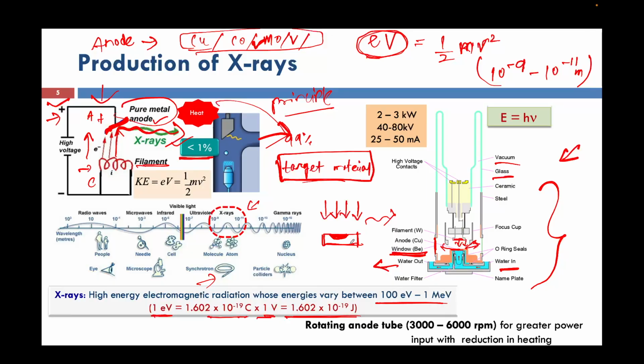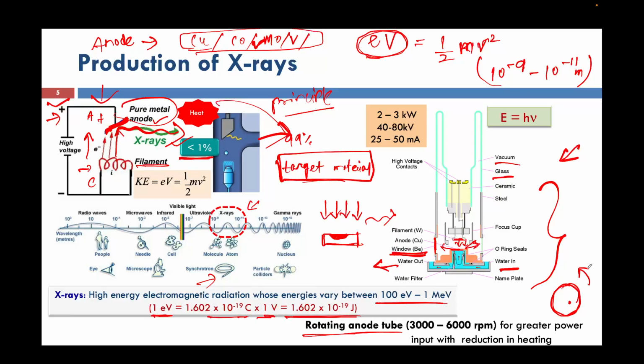So nowadays companies have adopted a rotating anode tube, for greater power input. Because let's say this is a rotating anode tube. First, my electrons are hitting at this point of this anode material, or the target material. Let's say it is rotating in this direction.